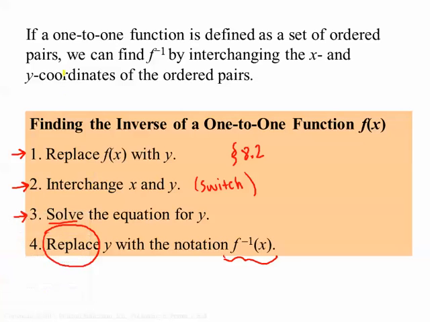You'll see what I mean by this in a second, but this is unlike the ones we've already been looking at where there are 4 points that you can actually just plot, because those are finite functions. We're talking right now about functions that are defined by a set of ordered pairs from a rule, not from a finite list. That's when you use this set of instructions, these steps.